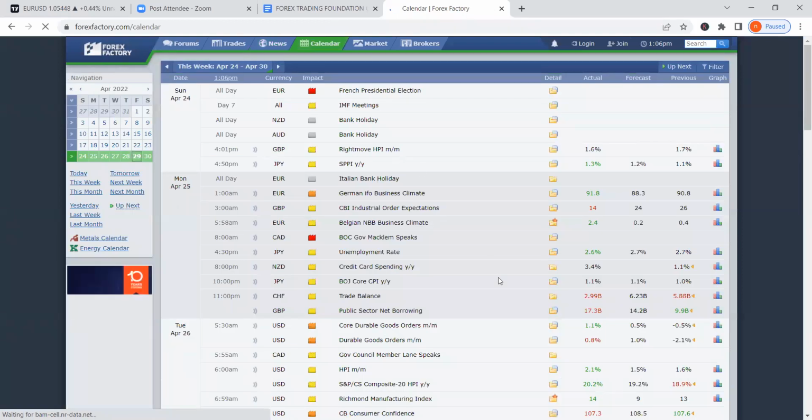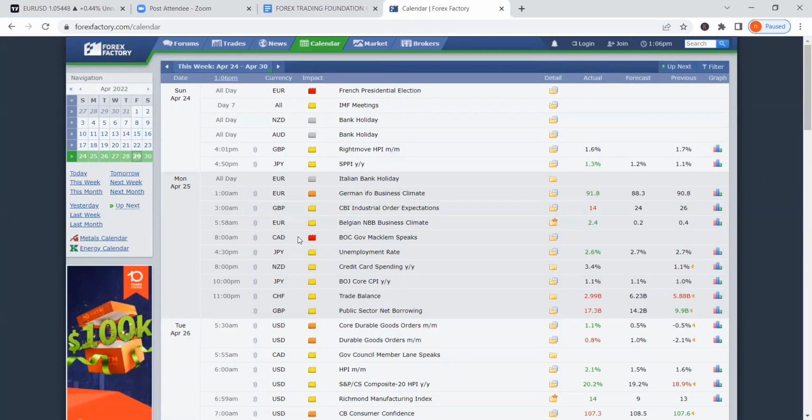Calendar. All right. So when you come to calendar here, you go up. What do you see here? You see details. You see actual. You see forecast. Forecast is what is expected. You see previous. All right? You see actual.